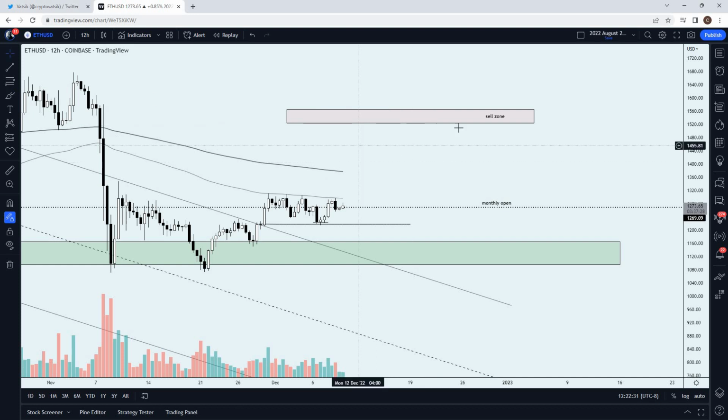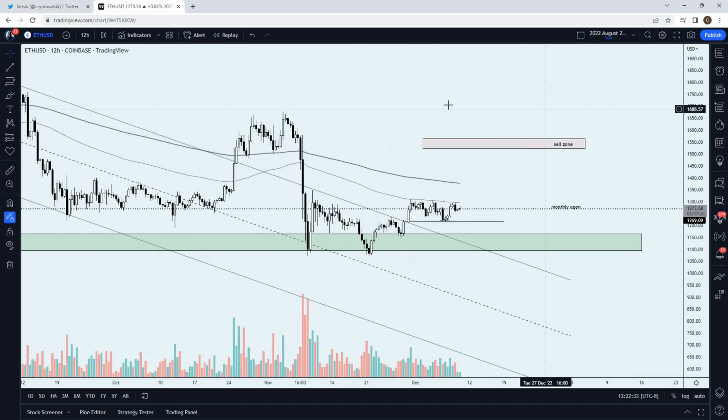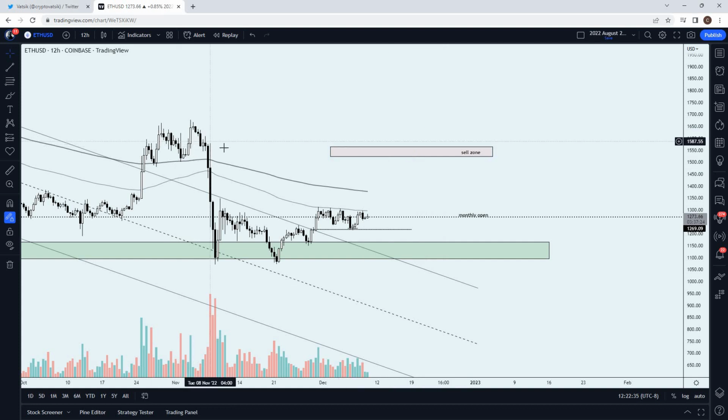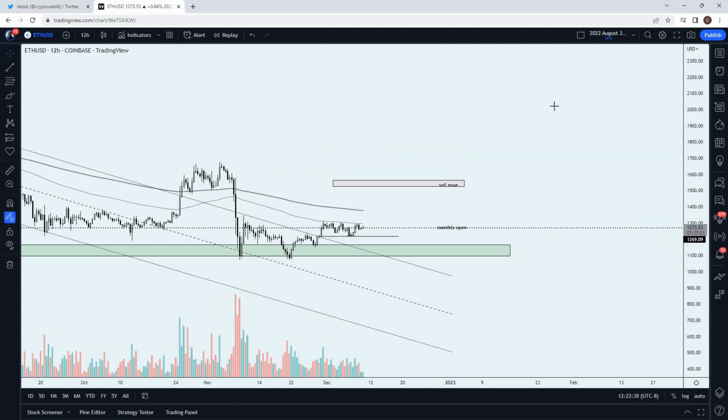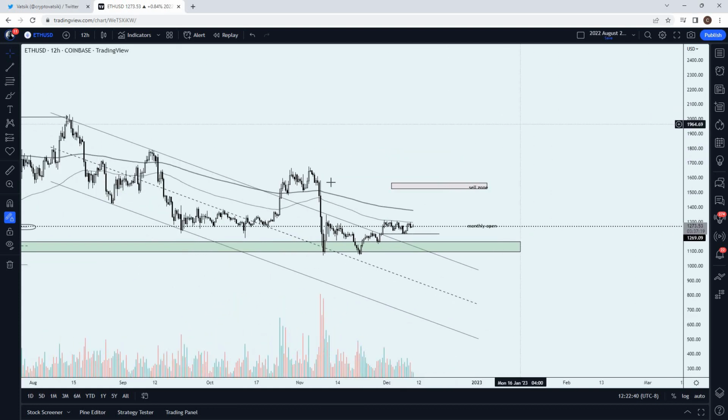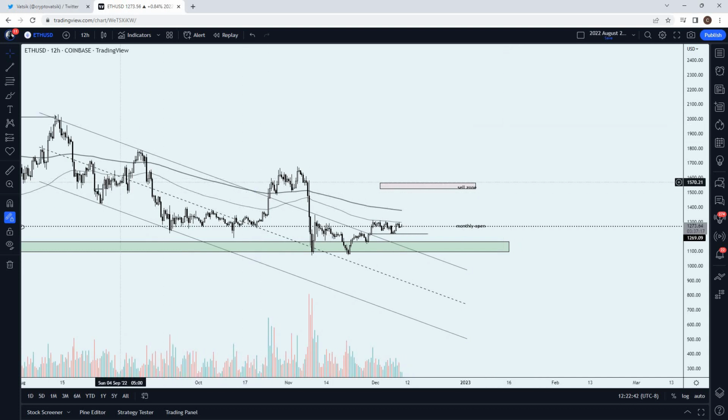Now, if we do get this bullish move up to this area to sweep this high, the one thing I will change my bias with is previously here when I said we needed to reclaim this level. We did at the time, but then the FTX collapse happened.